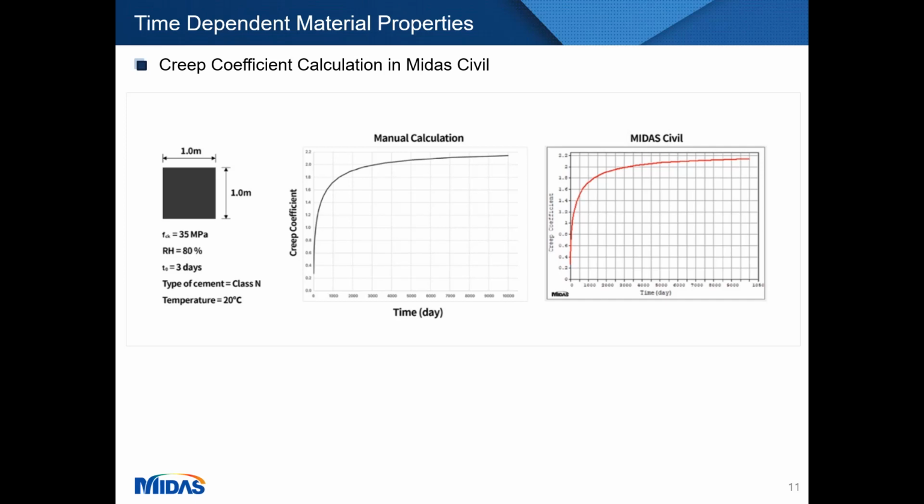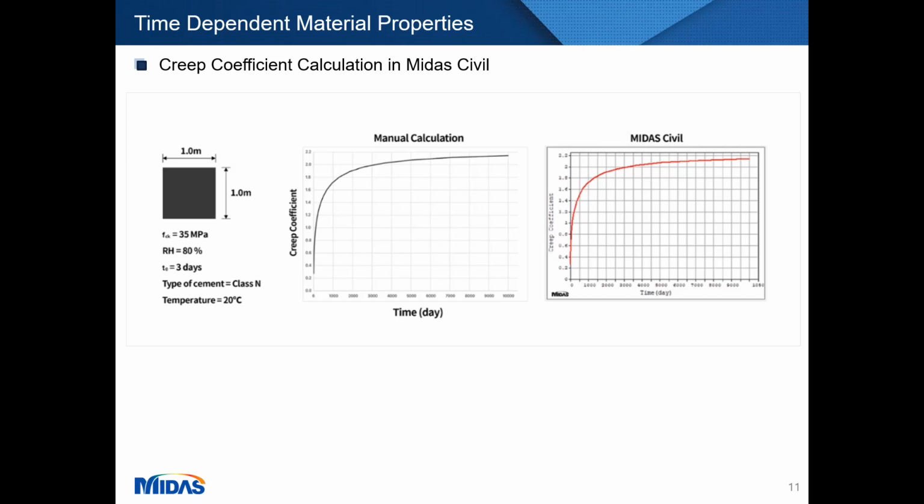Beside that is the creep coefficient graph with respect to time, which is generated in MIDAS Civil based on these inputs. You can see the graph is almost similar in both cases. We would also recommend you to verify the creep coefficient at your end if you are taking into account the time-dependent material properties.